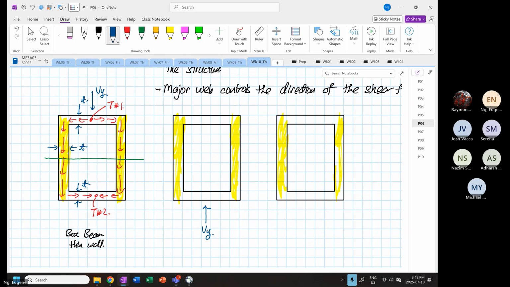again, the major web controls the shear flow. And this is our terminal. So this is our terminal number 1, terminal number 2. And then again, the thickness goes this way. This is our thickness.